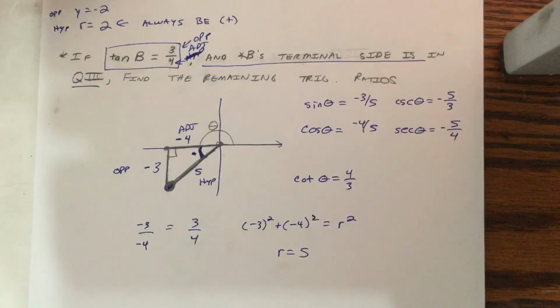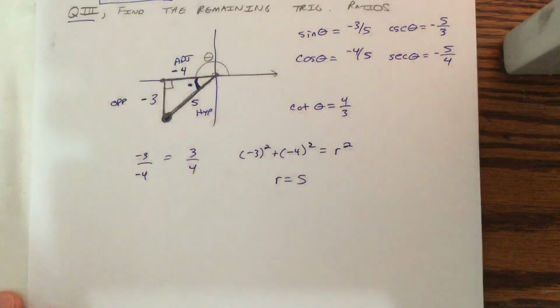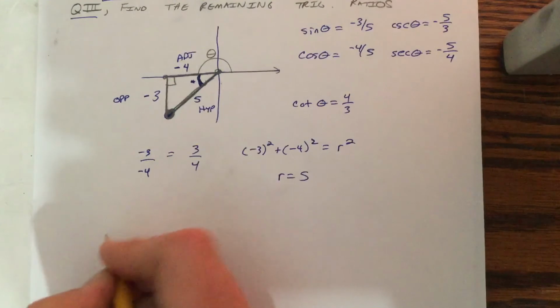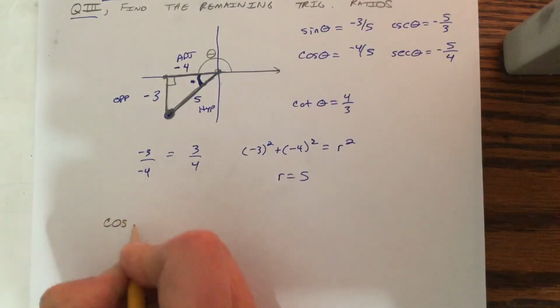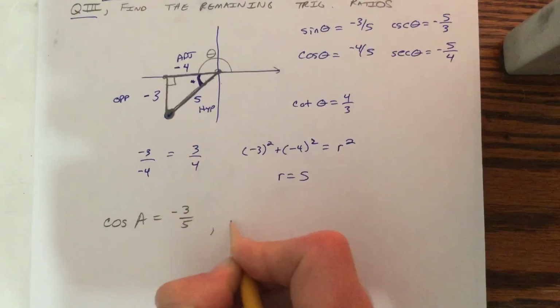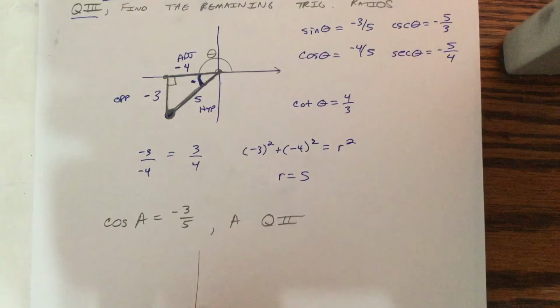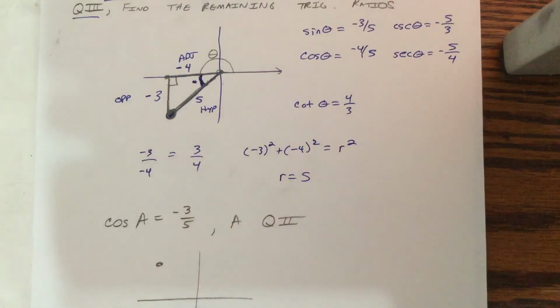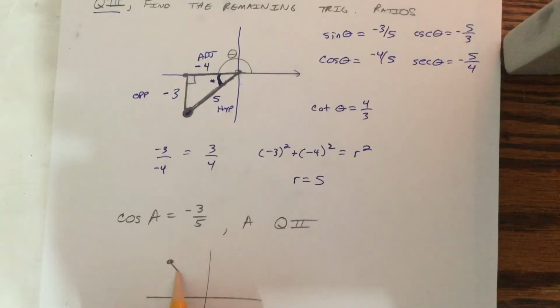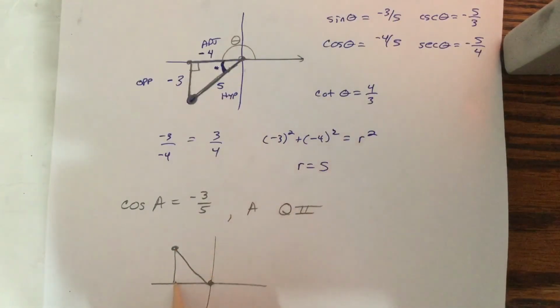Now, the only other thing I'll point out is this one was a special scenario where we did have to change the signs. It won't always be the case. For example, if I had the cosine of angle A was equal to -3 over 5, and A is in quadrant 2, okay, what I would do is go ahead and put a point in quadrant 2, draw my line to the origin, just like we did, drop a line down to the x-axis.